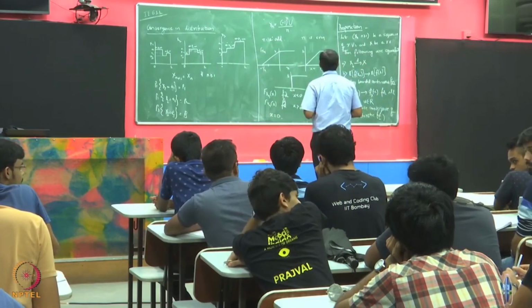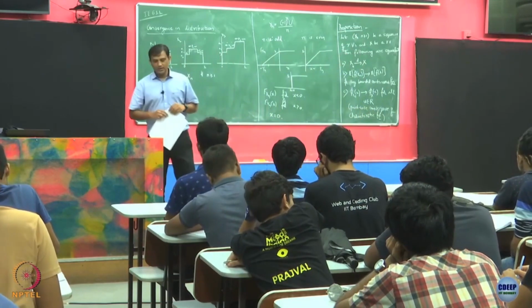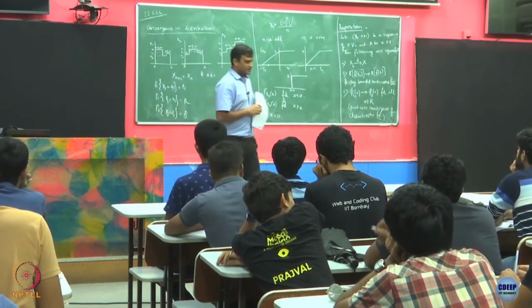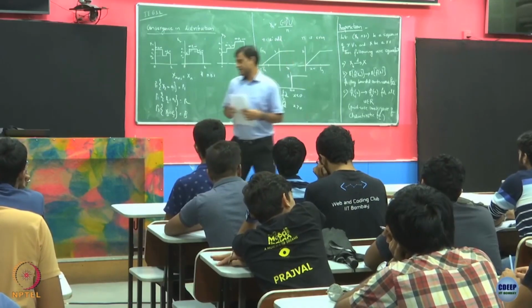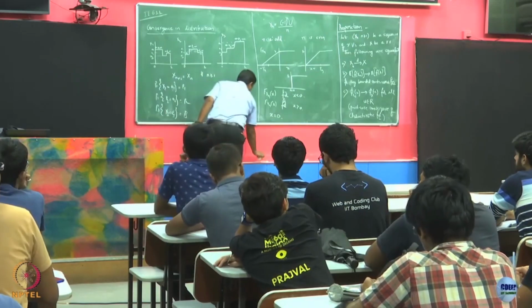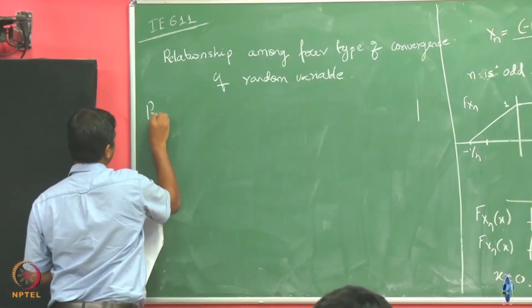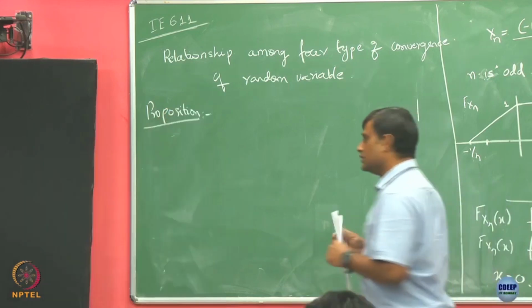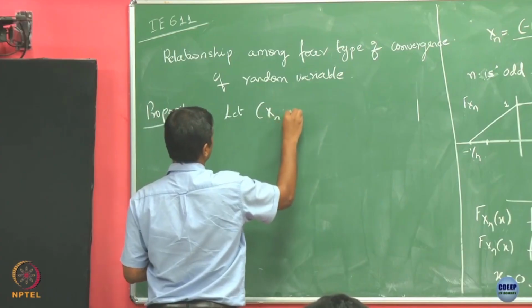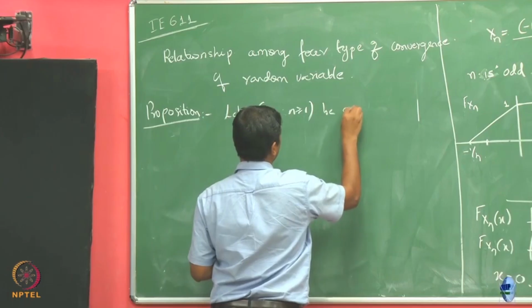Fine. So we have now characterized all the 4 kinds of convergence notions we studied. Okay, now the question is, what's the relation between them? So I am going to state it as a proposition. So let Xn be this sequence of random variables.